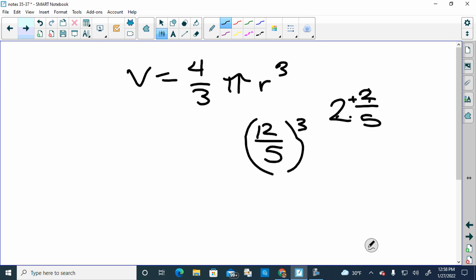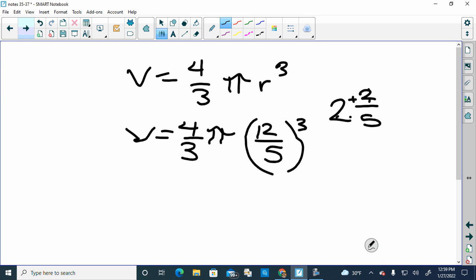Okay, did they tell us to use pi? Express the answer in terms of pi. So we need pi. Okay, so we're really ignoring the pi right now. Flash back to when we did exponents.